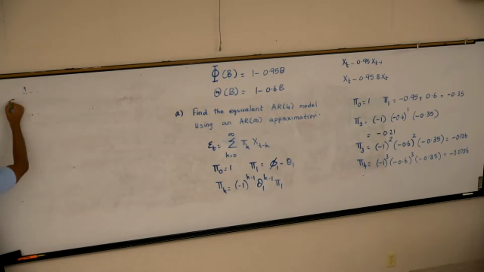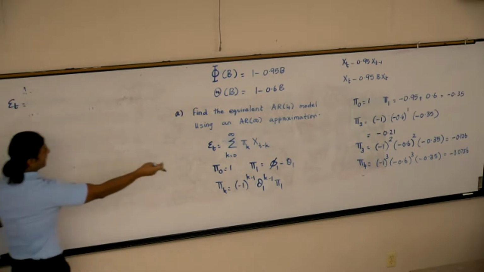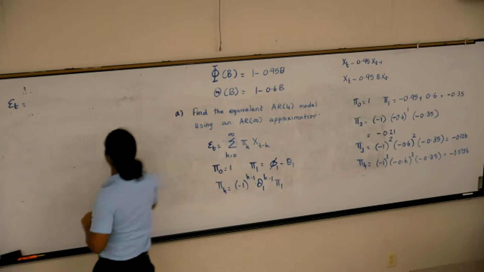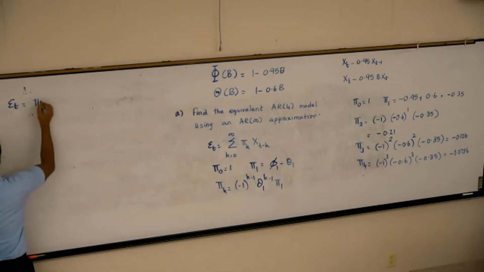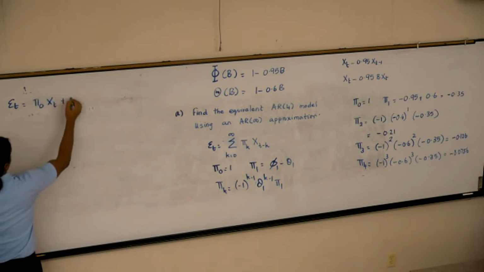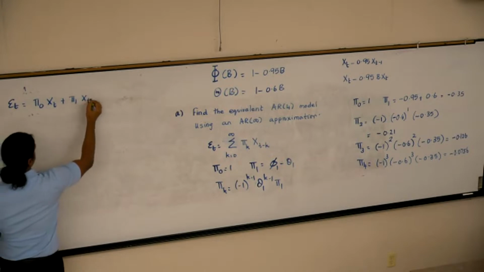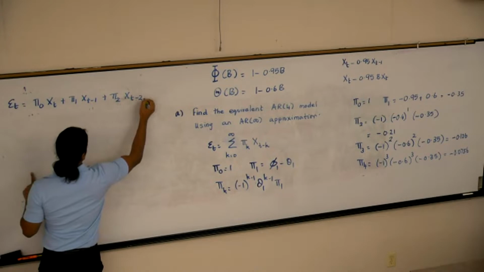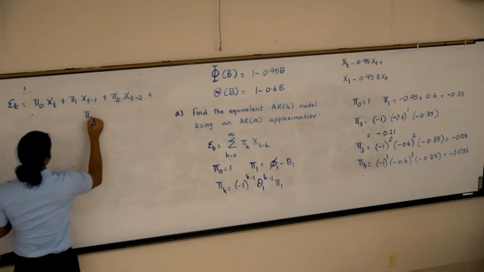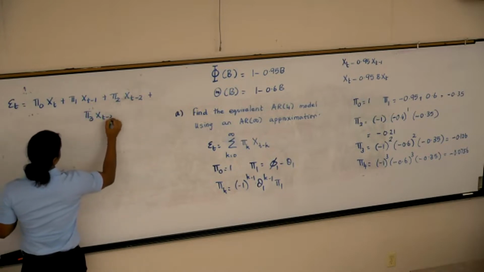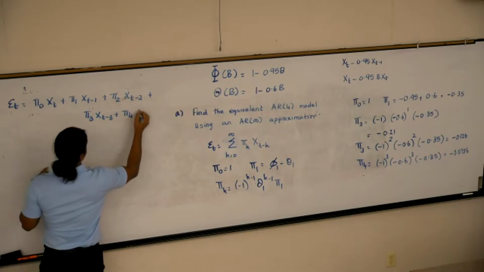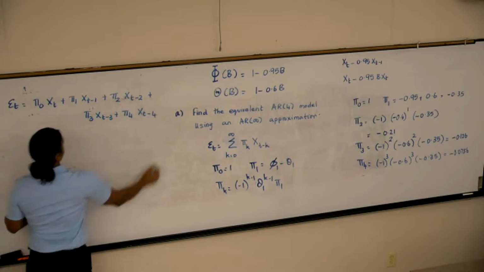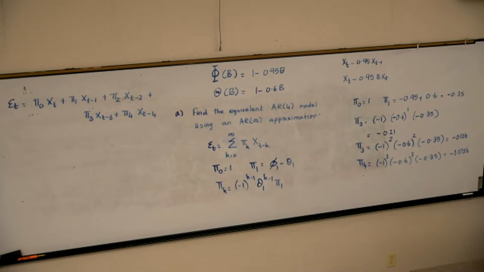So, epsilon t, when k is 0, we will have pi 0 times x t plus pi 1 times x t minus 1, pi 2 times x t minus 2, pi 3 times x t minus 3, plus pi 4 times x t minus 4.